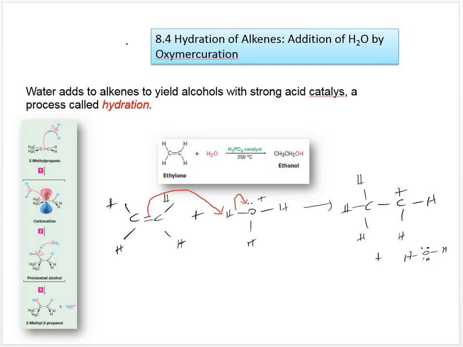These are the intermediates. In the second step, water is going to act as a nucleophile now, and the carbocation will be the electrophile. Water will be added to the positively charged carbon, and we generate our addition product. Here I'm going to draw it.